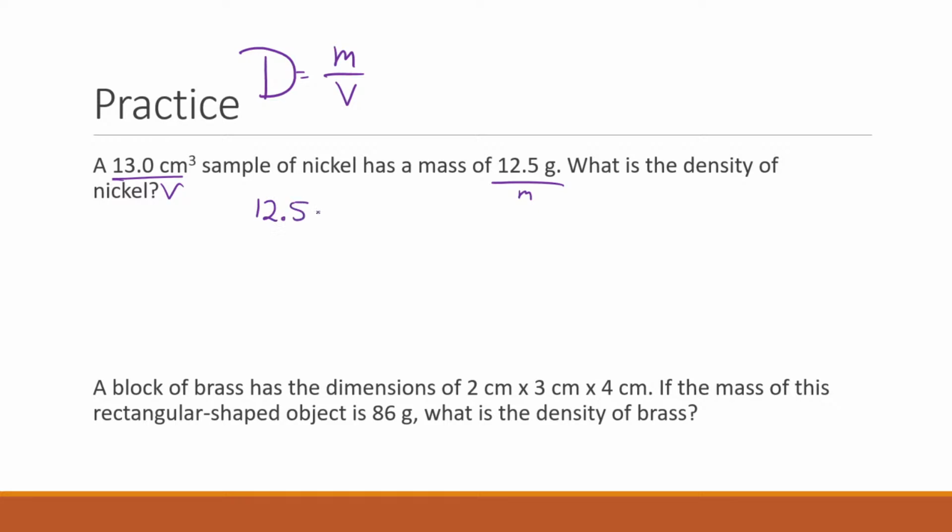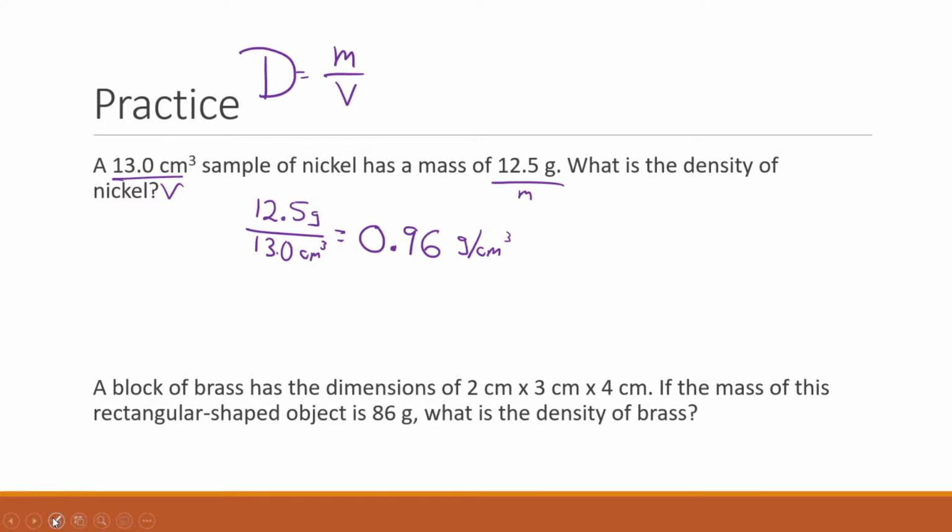We want to put 12.5 grams over 13.0 centimeters cubed to give us a number of grams per centimeter cubed, which will end up being 0.96 for our density here.